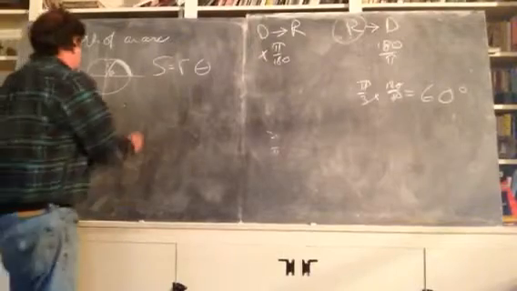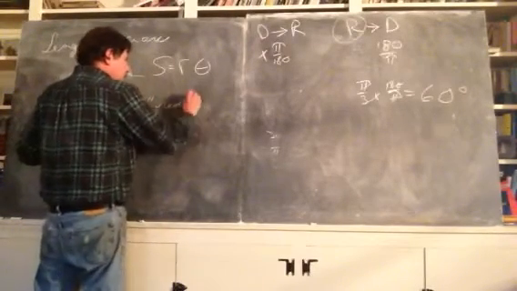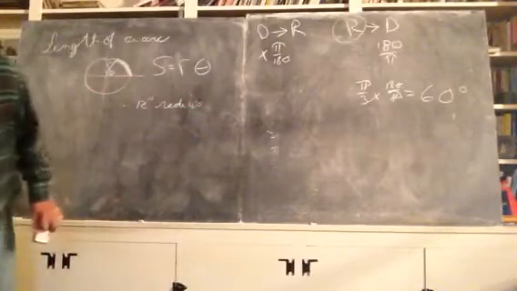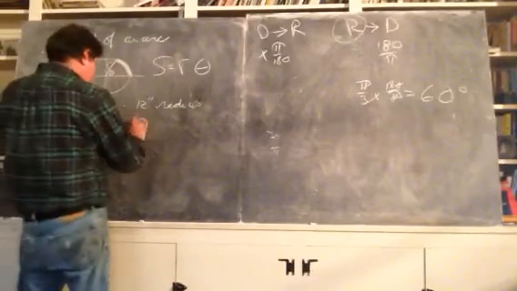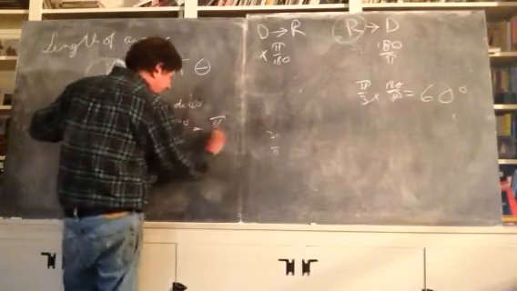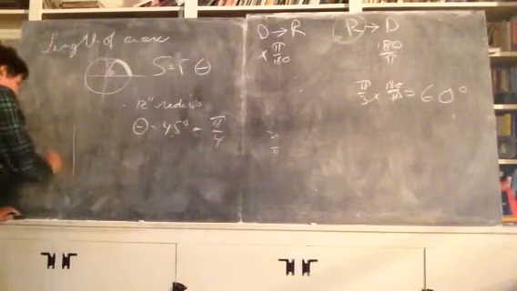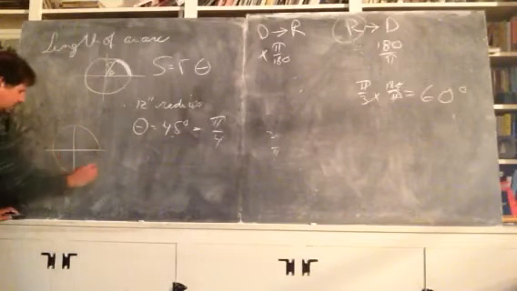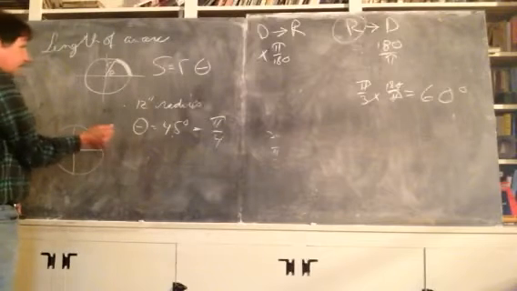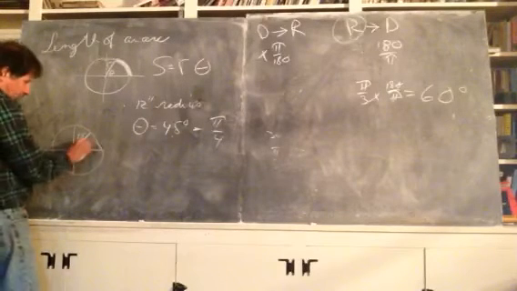So, for example, if you have a 12-inch radius and you have an angle of pi over 4, 45, you may as well make it 45 degrees. This becomes second nature to you. How long is the arc length? Well, there's a circle, there's 45 degrees, this is 12 inches, and here's pi over 4.